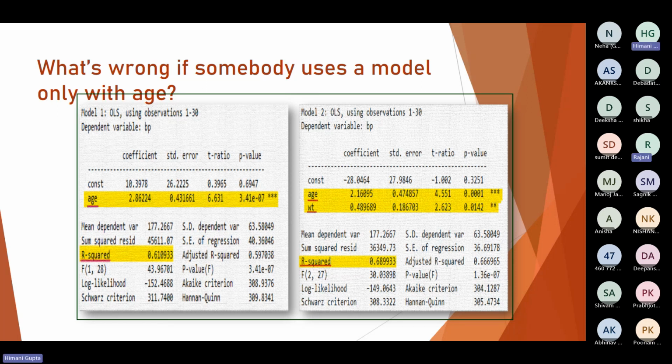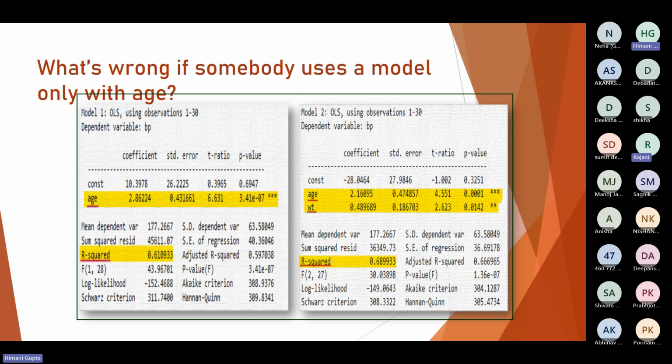That means you have to believe on some theory. For example, if I'm saying that share price is increased due to its own lag or due to the dividend the company has paid. If I say that my weight is increasing and due to that the share price is increasing, do you think that weight has any role to play in this?